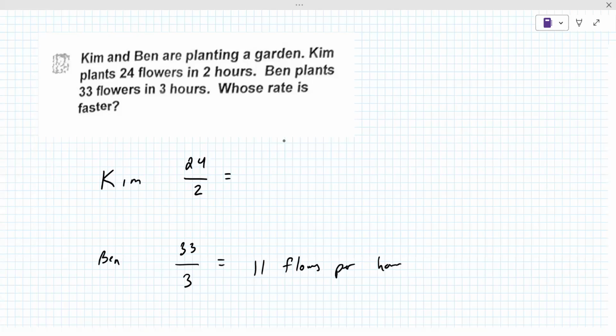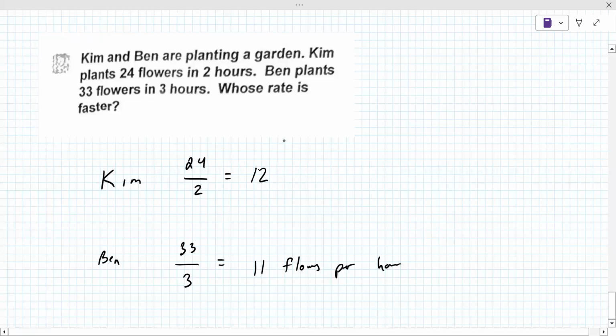How about Kim? Hang on. Kim does 12 flowers. Okay, so who's faster?